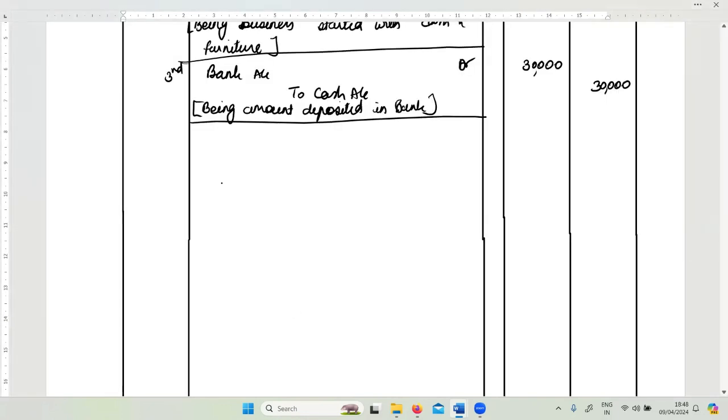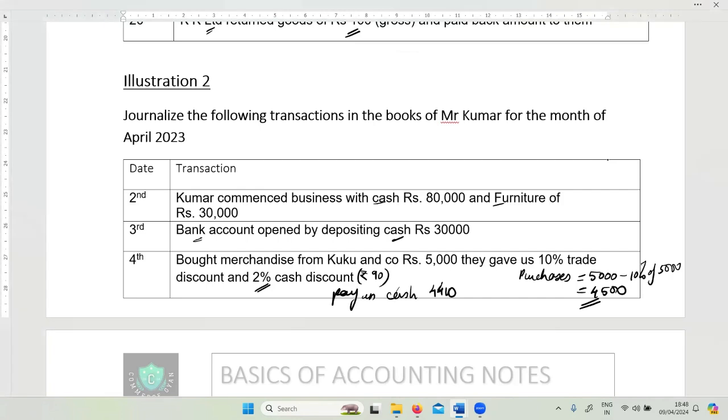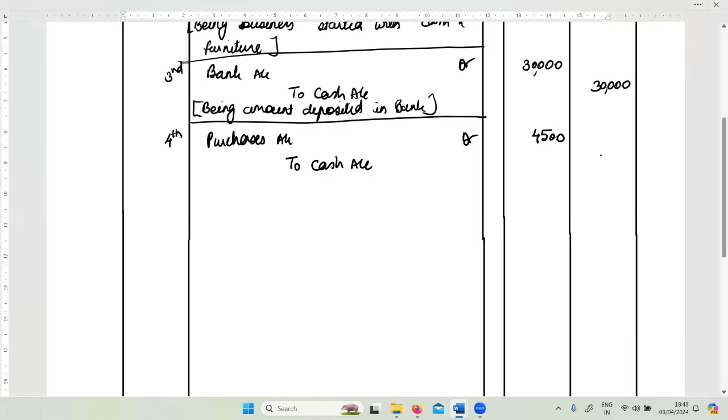On 4th, what is happening? We are making purchases. 4th, purchases account, debit. Amount of purchases, directly we write the amount after trade discount 4,500. Next is we are paying in cash. So cash account, we are going to credit. How much amount are we making the payment? 4,410.